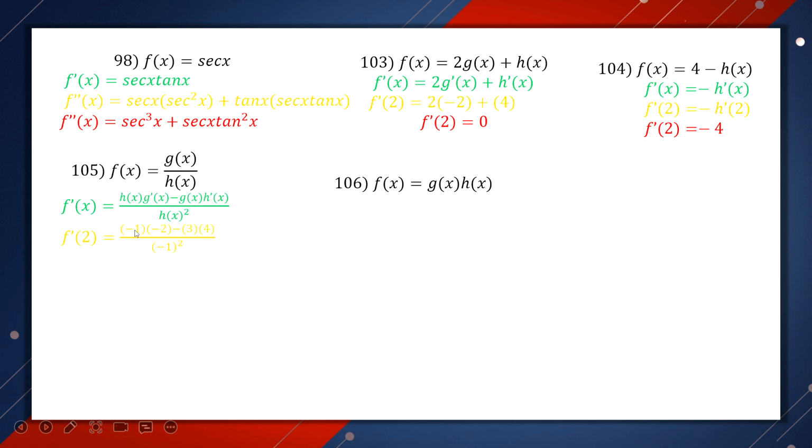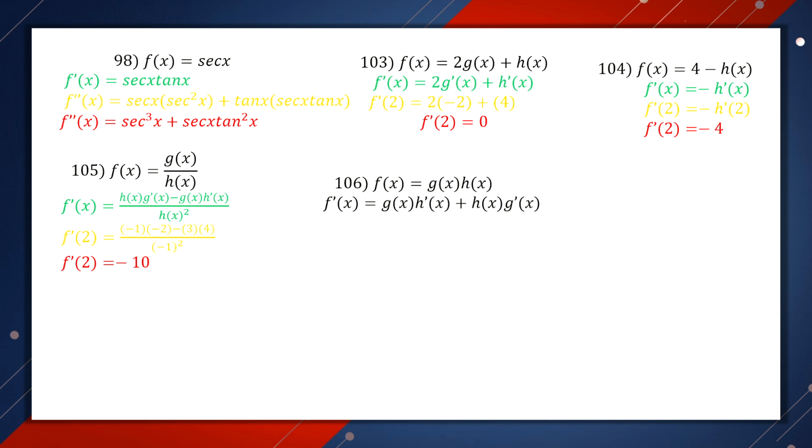So when we simplify it and replace x by 2, it becomes negative 1 times negative 2 minus 3 times 4 over negative 1 squared. So it's finally become negative 10.